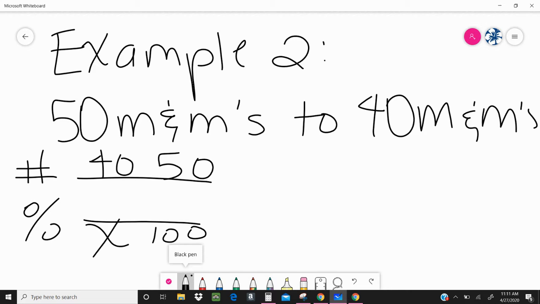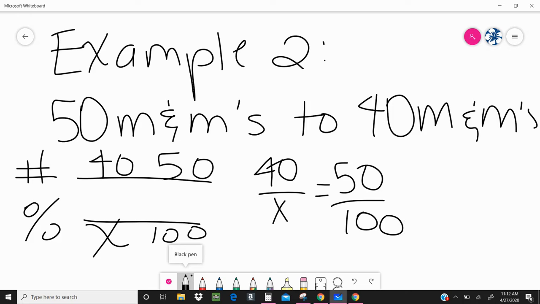So I'm going to go ahead and solve for x. So 40 over x is 50 over 100. And if I cross multiply and divide, that gives me 4000 divided by 50, which is 80%.